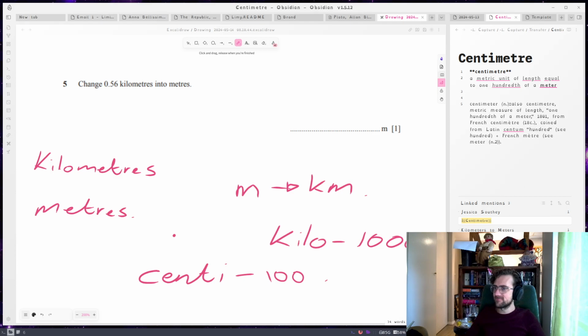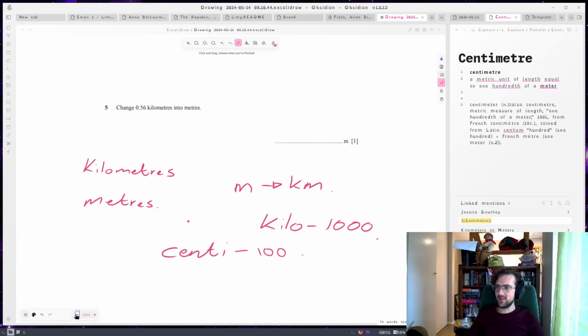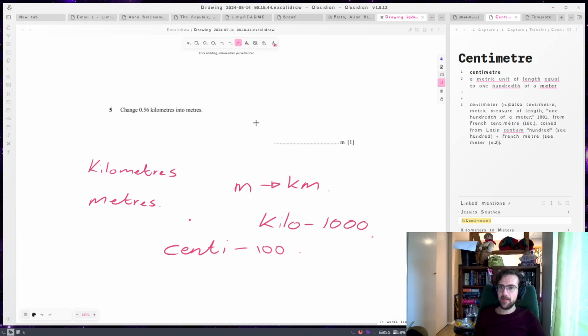Okay. Do you want to jump into a bit of history here? If you want. Okay. So let's look at first definitions of meter and centimeter.